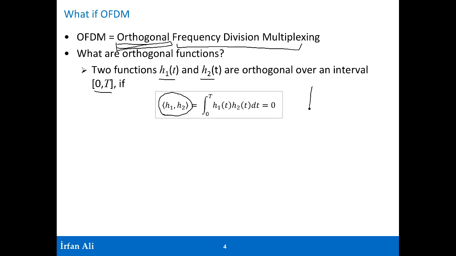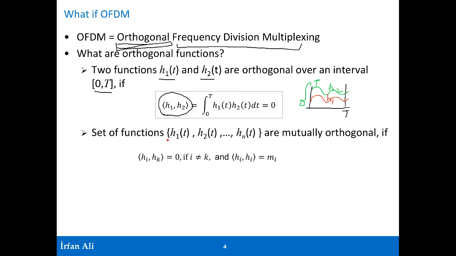So you have a particular time period T, and you have these two functions h1 and h2. If you multiply these two and integrate from 0 to T, the integral of the multiplication of h1 and h2 should be equal to 0. This is also called the inner product.